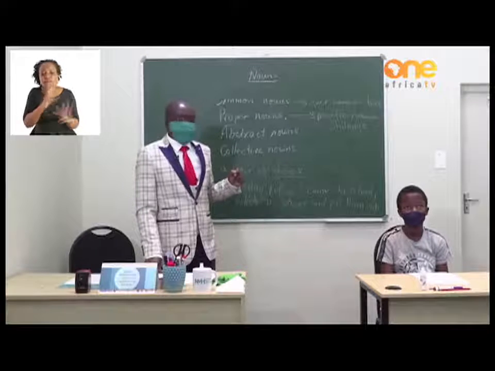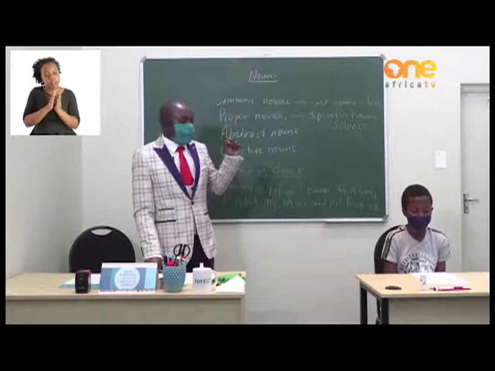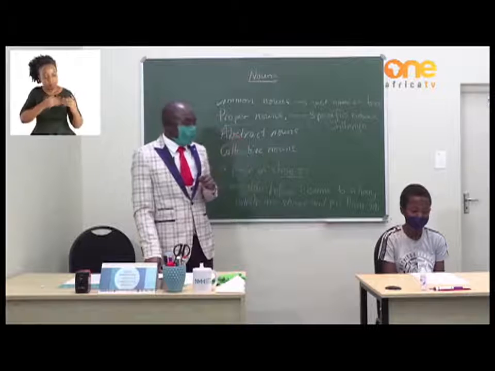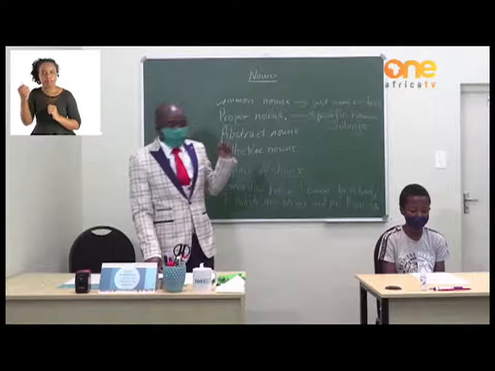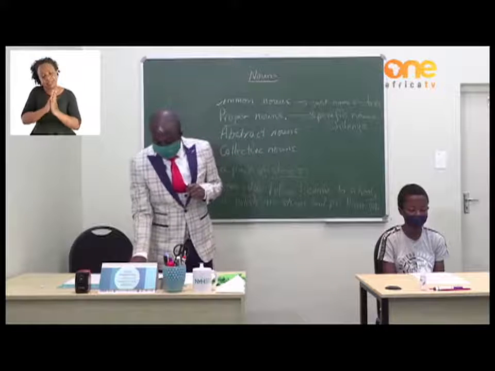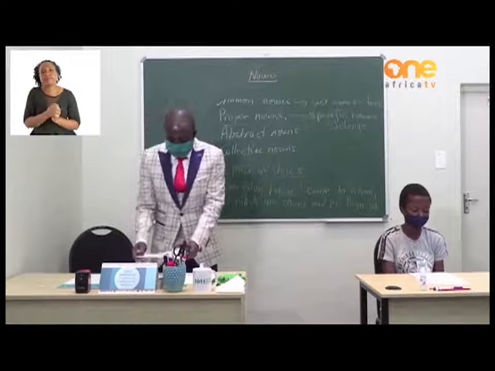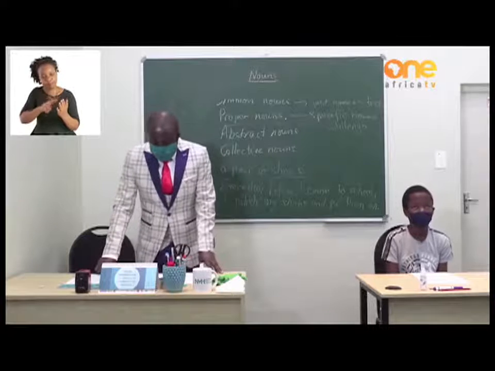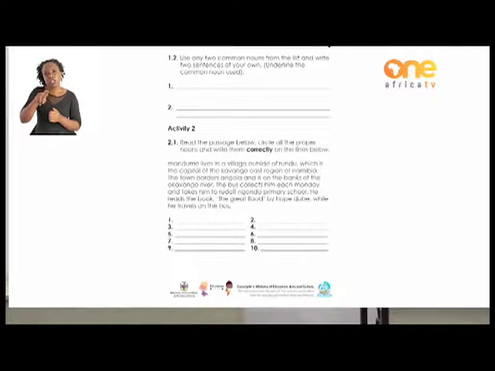And therefore, they must begin with a capital letter whenever you write them. Make sure you begin with a capital letter. Right. Let me read. Mandume lives in a village outside of Rundu, which is the capital of the Kavango East region of Namibia.